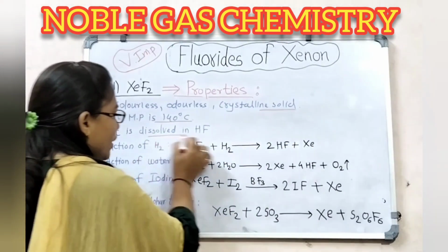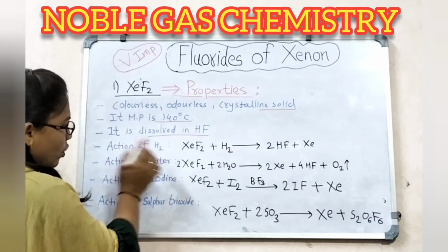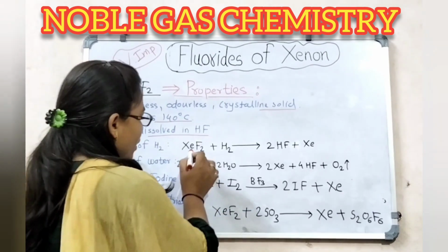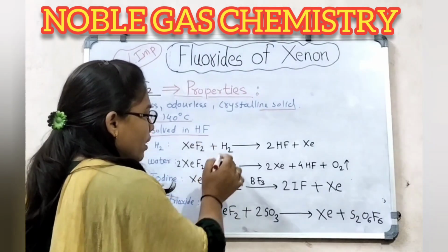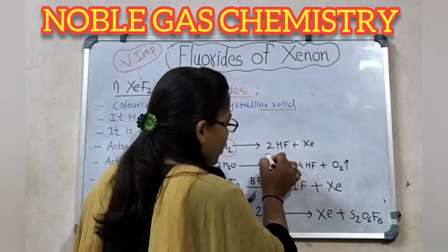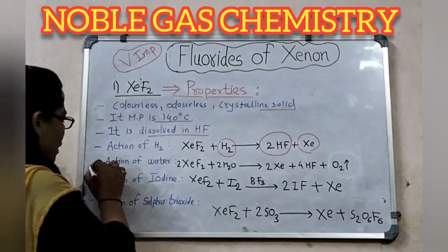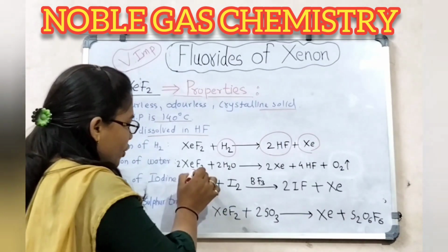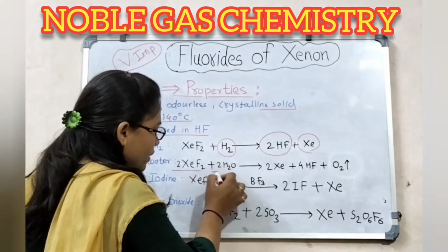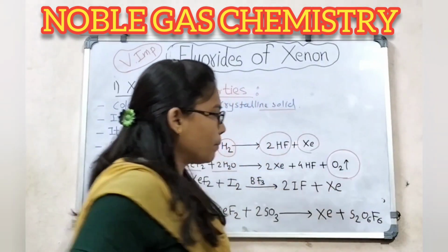It is dissolved in HF. Next property is action of hydrogen. When xenon difluoride reacts with hydrogen, we get hydrogen fluoride and xenon. Then action of water. When xenon difluoride reacts with water, it evolves oxygen gas.